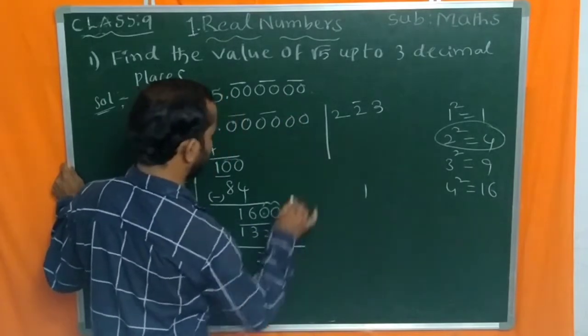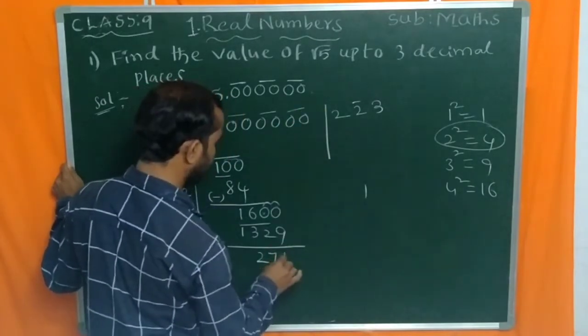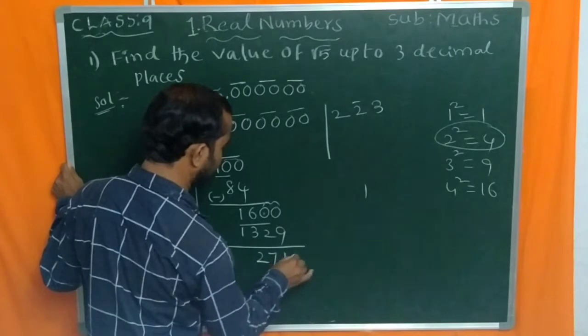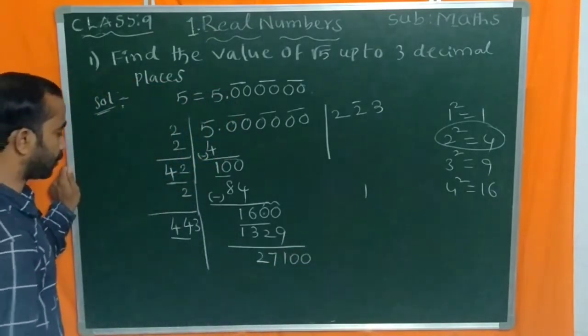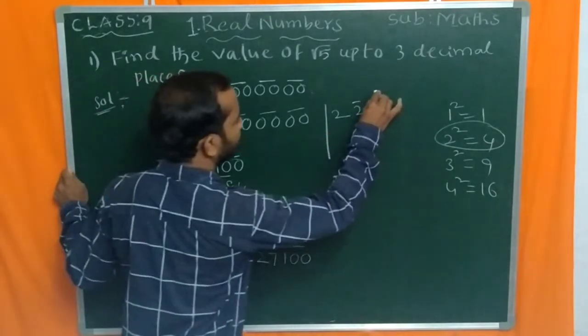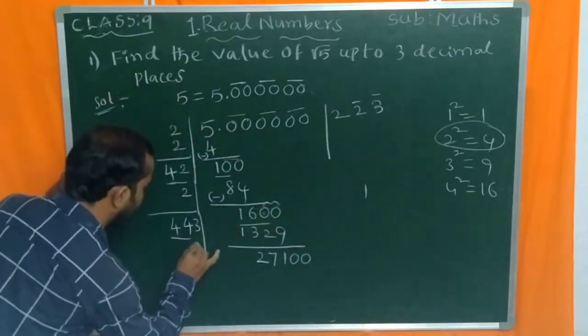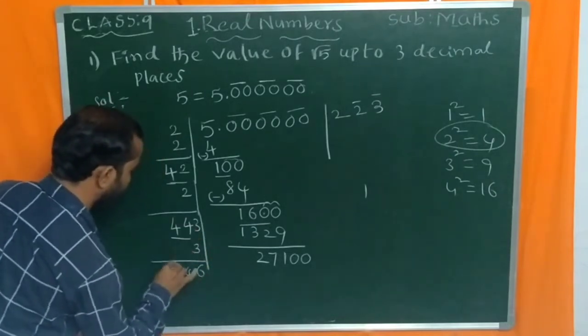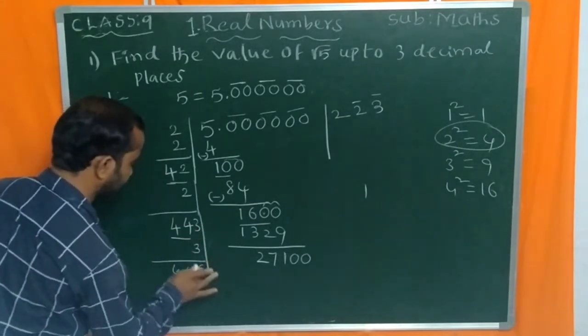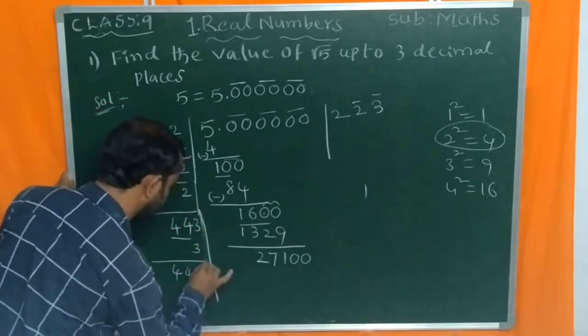Next, two zeros, or one pair of zeros. Bring down the right side of the remainder. We take two zeros. And the same process: the last digit of the quotient we add to the divisor. 3 plus 3 is 6, 4, 4, so 446.